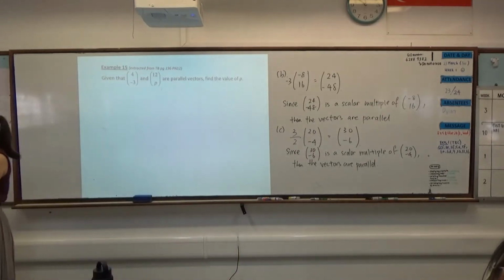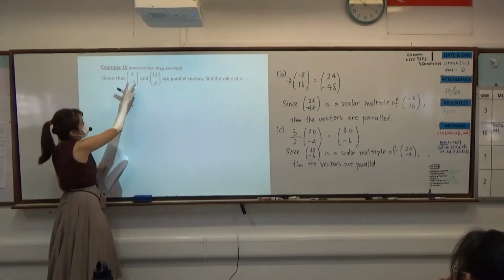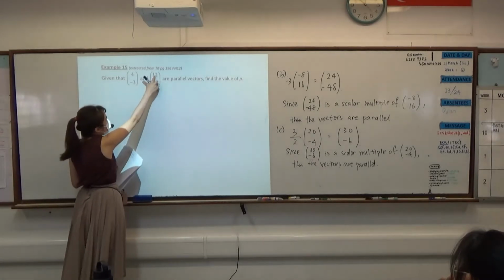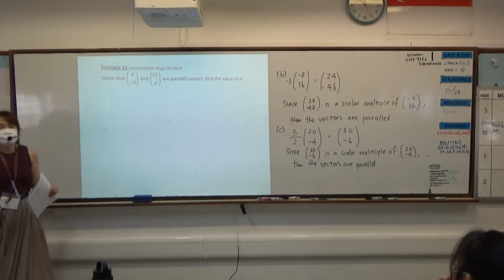In example 14, we address how to prove or show that two vectors are parallel. In example 15, we are informed that these two vectors are parallel. If they are parallel, they must be scalar multiples of each other. To go from 4, negative 3 to arrive at 12, p, we're looking at 4 times 3 to get 12.